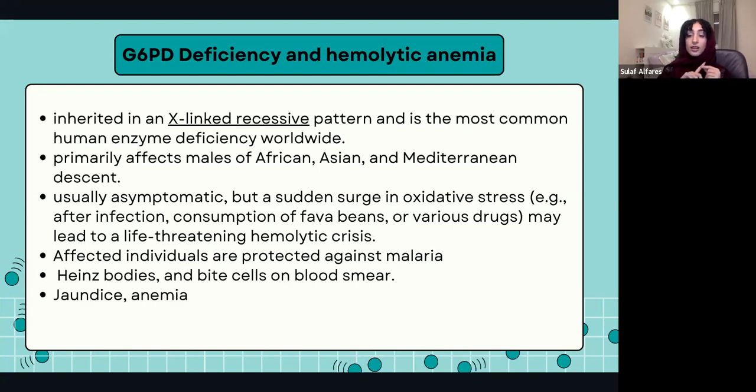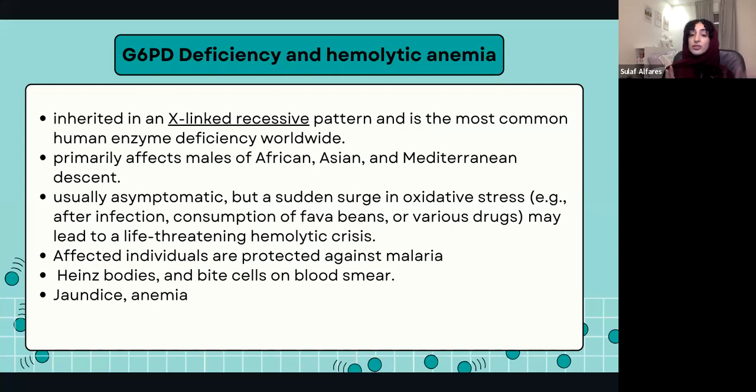One is infections. Two is the consumption of fava beans, which are basically fuel. And lastly, some drugs will create oxidative stress, such as anti-malarial drugs, okay? Which is funny, because people with G6PD deficiency are actually protected against malaria.